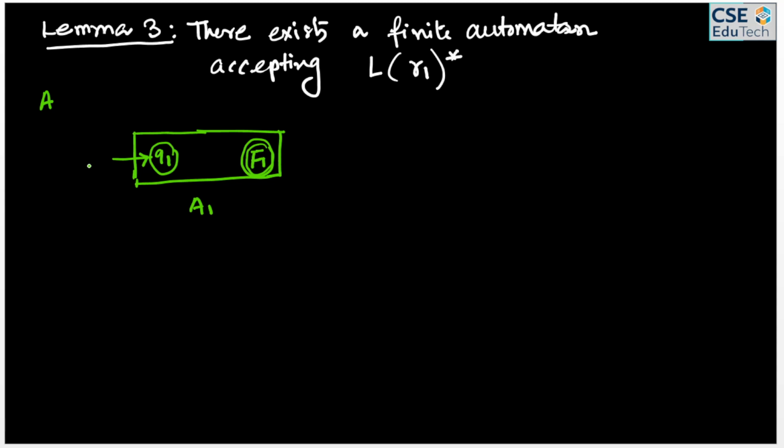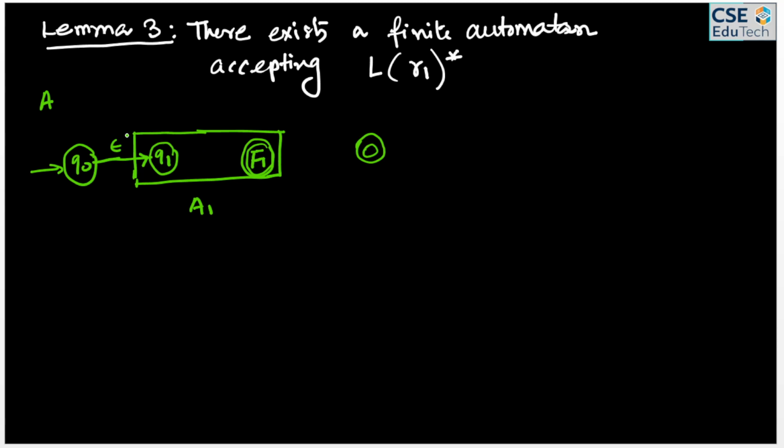We introduce a new initial state Q naught, and we make an epsilon transition from this initial state to Q1. We introduce a state P, which is an accepting state.